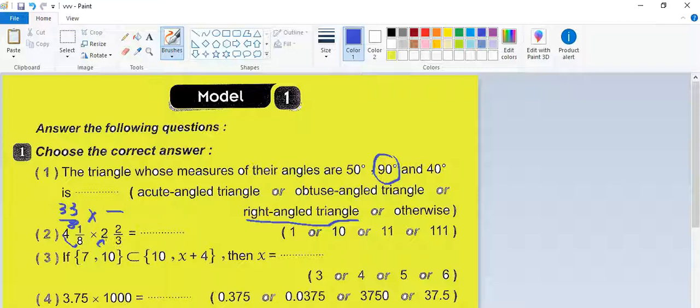We'll say 3 times 2 equals 6, 6 plus 2 equals 8, so it will be 8 over 3. We can make it in simplest form. We can cancel together, cancel 8 by 8, and 33 equals 3 times 11. Here we can cancel 3 by 3. So the final result will be 11.